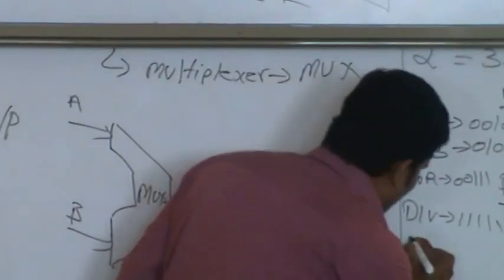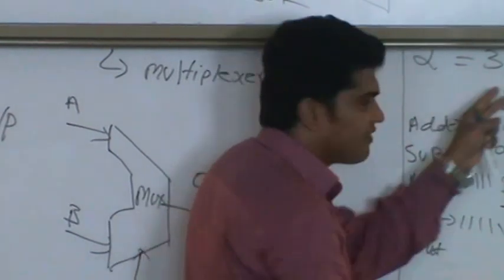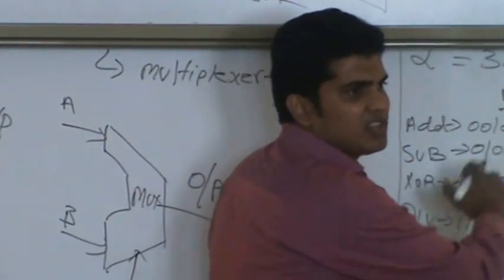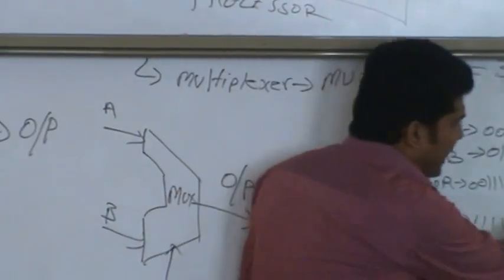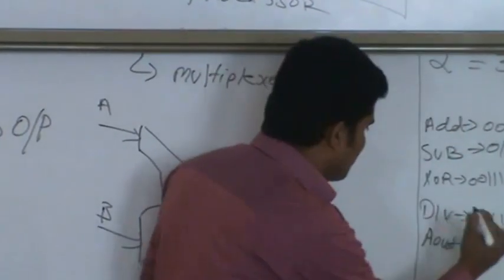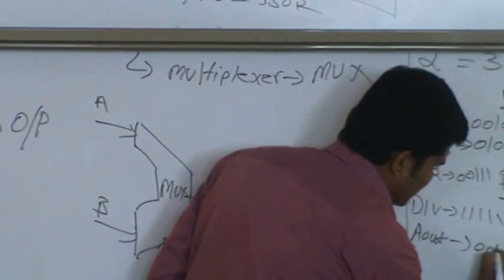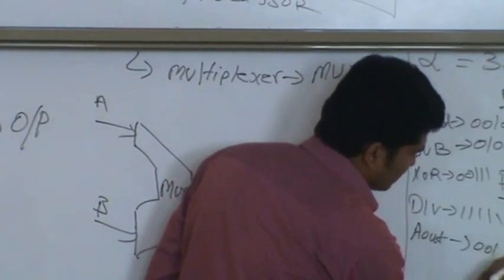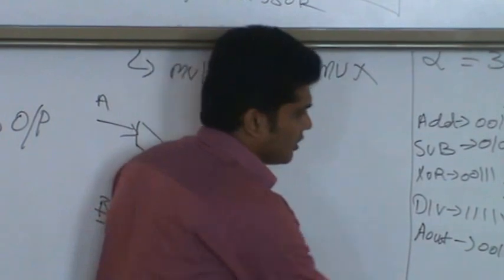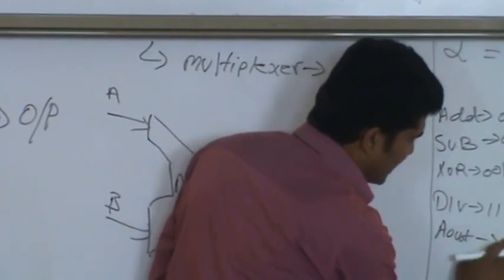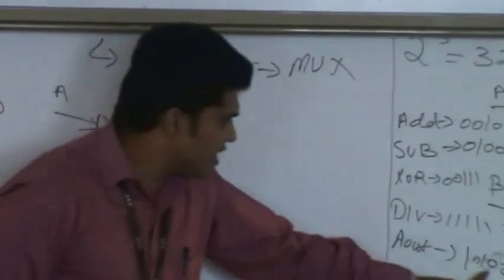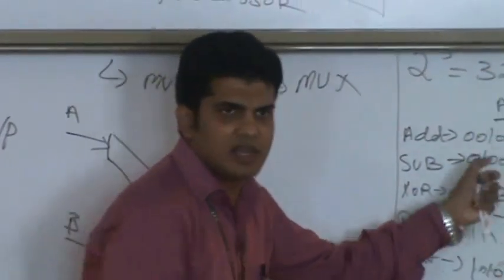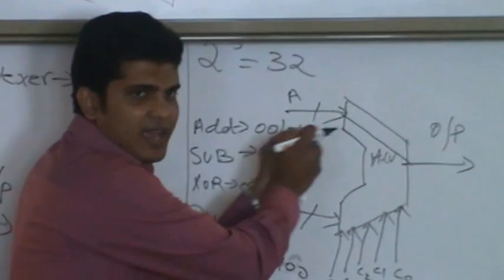So there will be an output code for just passing the value of A, not performing any operation, just taking the value of A and passing it as it is. For example, 10100 means it will just take the value of A and pass it.